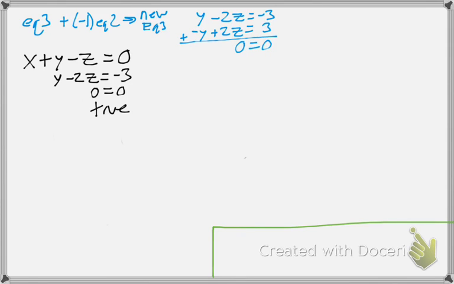So my first step is I'm going to let z be anything. So z can be anything.